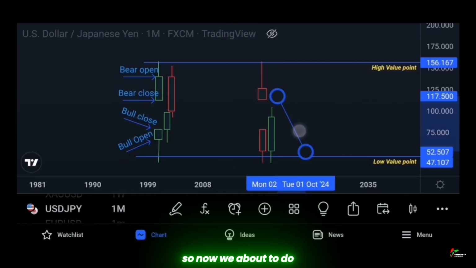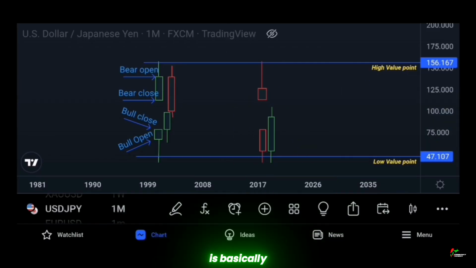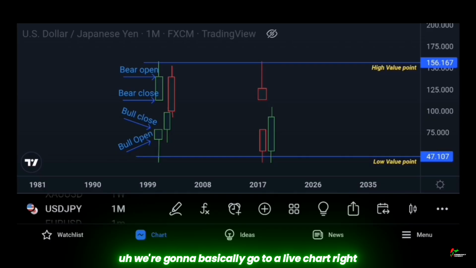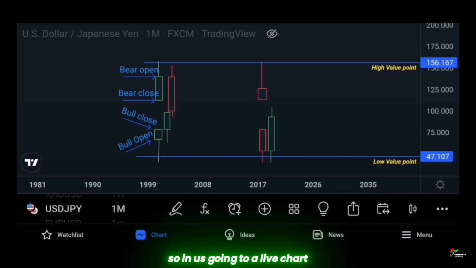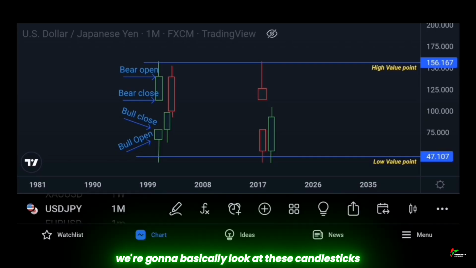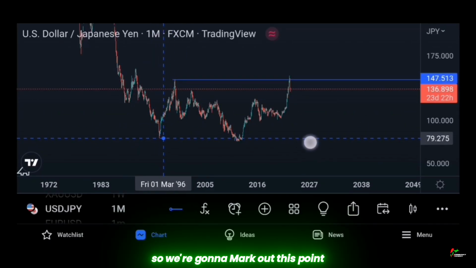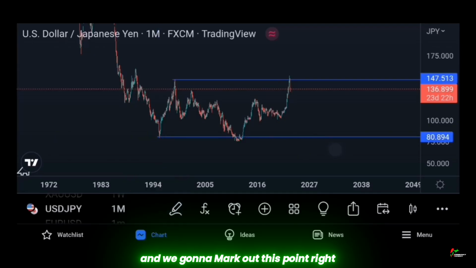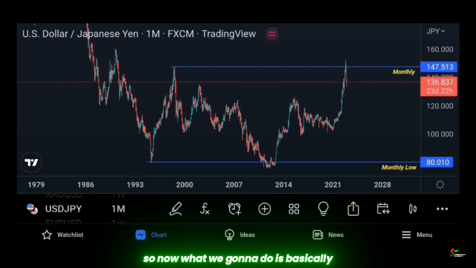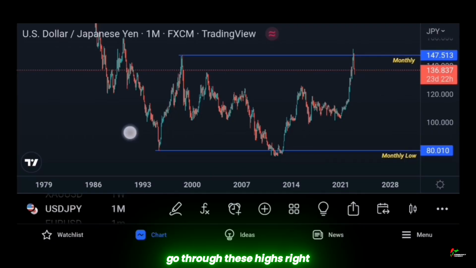Now what we're about to do is go to a live chart. In going to a live chart, we're going to look at these candlesticks. We're going to mark out this point and this point. Now we're going to go through these highs.